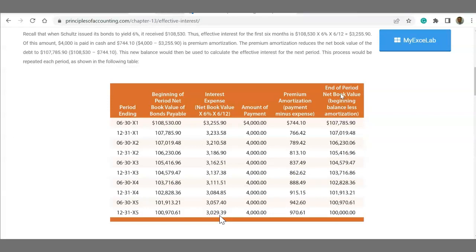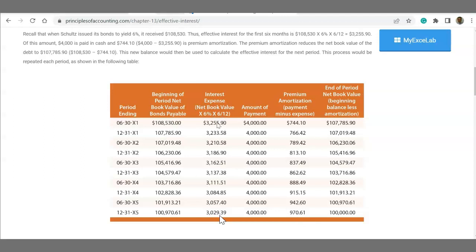So at the end of the period, net book value ends up being exactly 100,000. The premium amortization is less at the beginning, only $744, and that amortization keeps going up all the way to $970 of premium amortization in the last year.